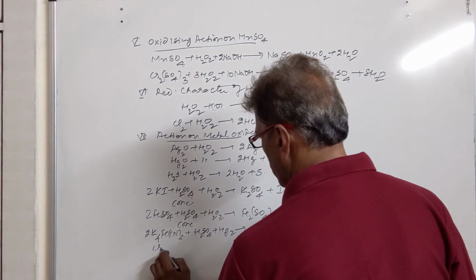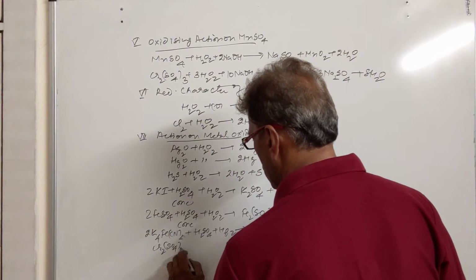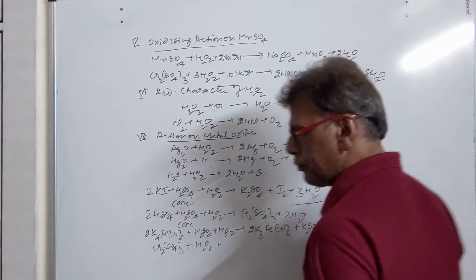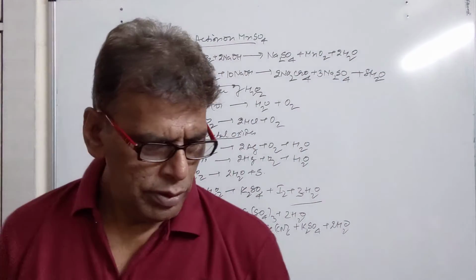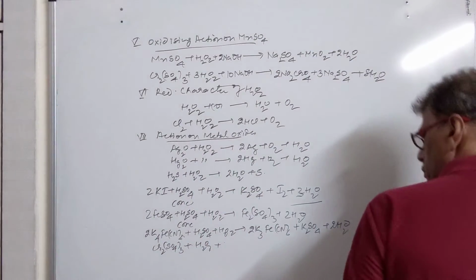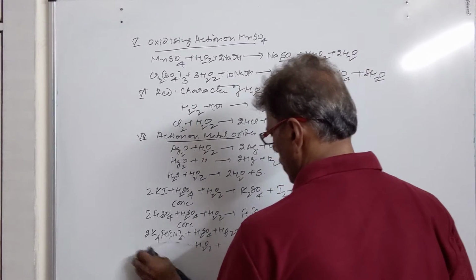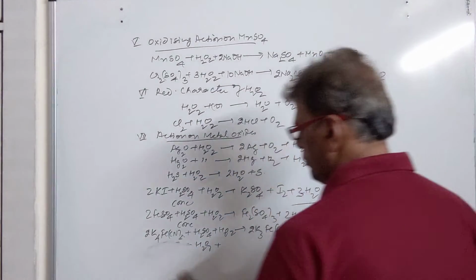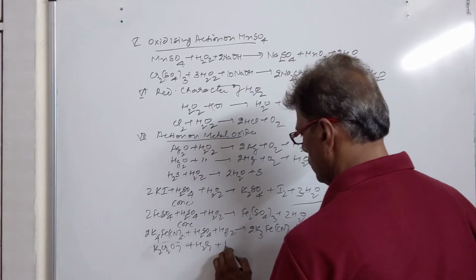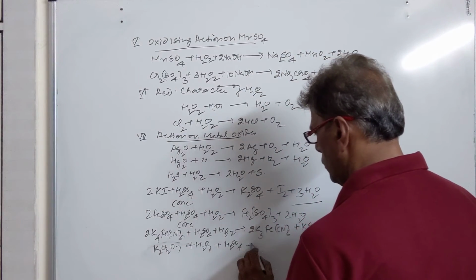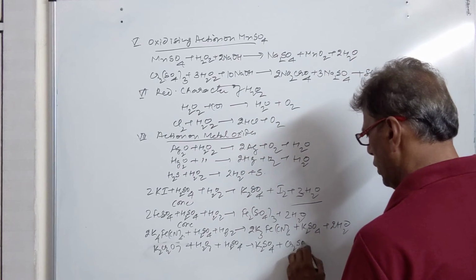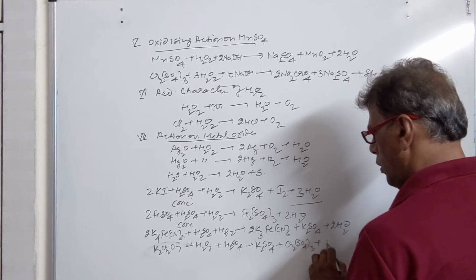Reaction on chromium sulfate, Cr2(SO4)3 plus H2O2. K2Cr2O7 combines with H2O2 and sulfuric acid. We get K2SO4, Cr2(SO4)3, H2O.